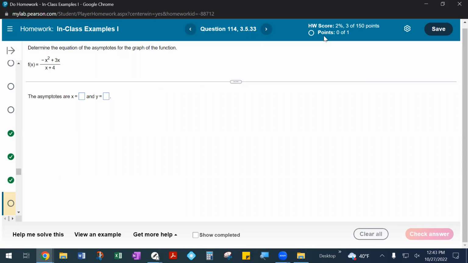Let's see what kind of asymptotes this guy has. So, Della, you know it's going to be undefined when your numerator has a larger degree for the X value than the denominator. So like if you had X squared on the top, but X on the bottom, or like maybe X to the third on the top, but X on the bottom.